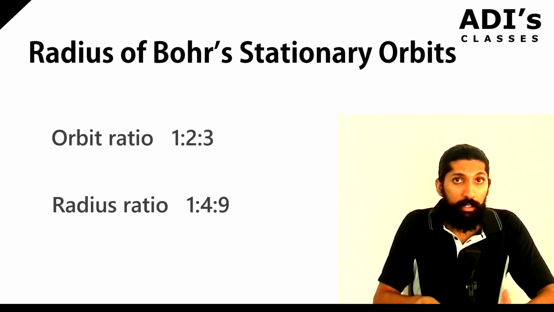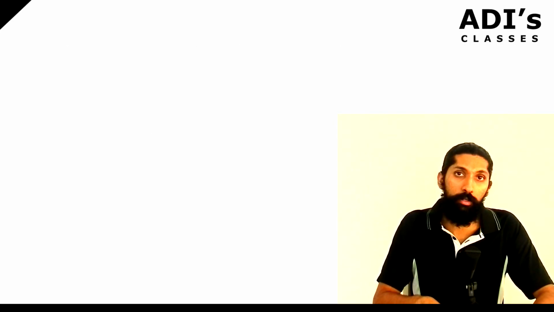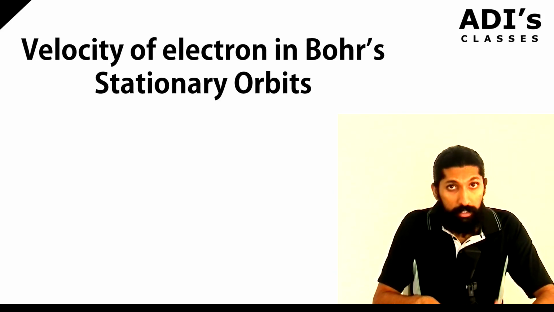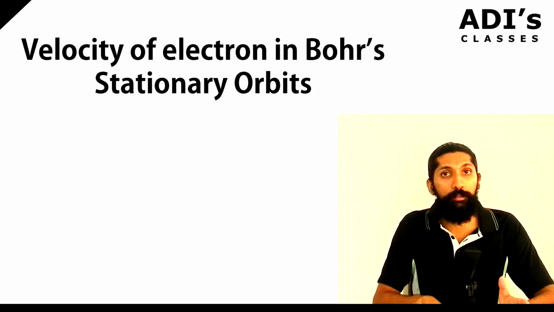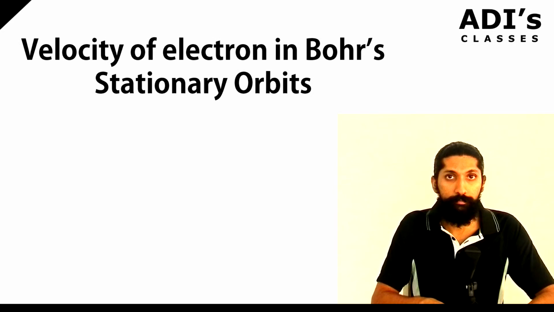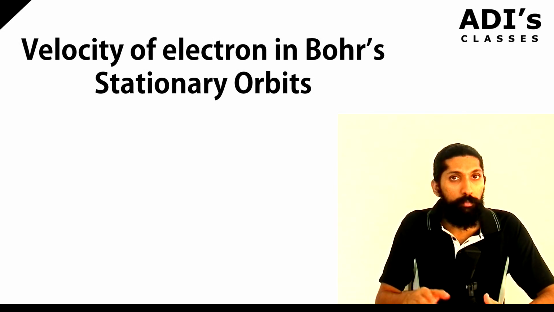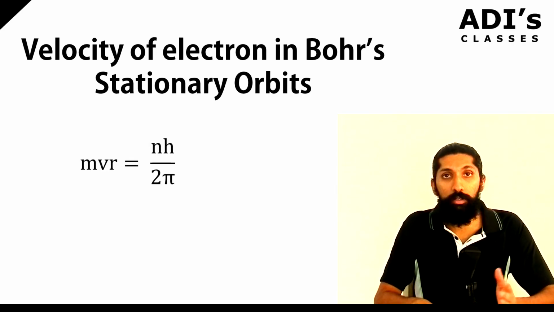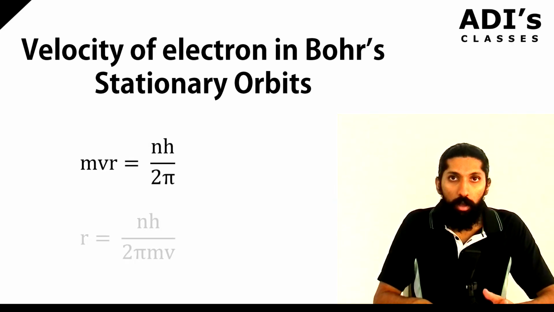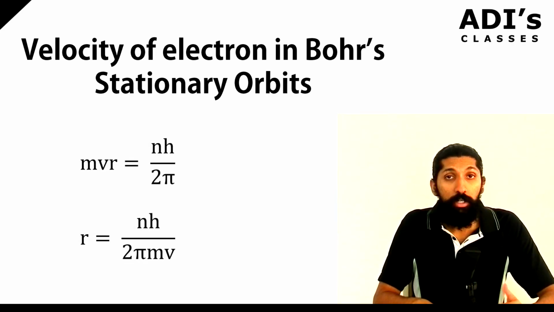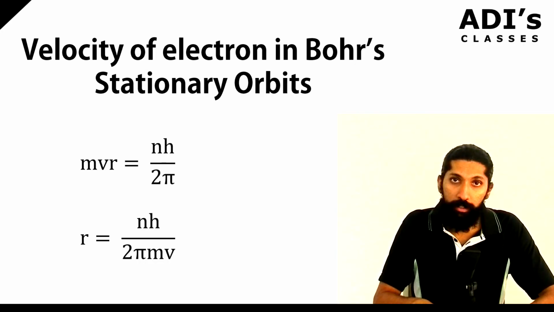The second part, using Bohr's postulate, is to calculate the velocity of the electron in the nth orbit. Again, we start with the same Bohr's second postulate: mvr is equal to nh divided by 2 pi, so r is equal to nh divided by 2 pi mv.